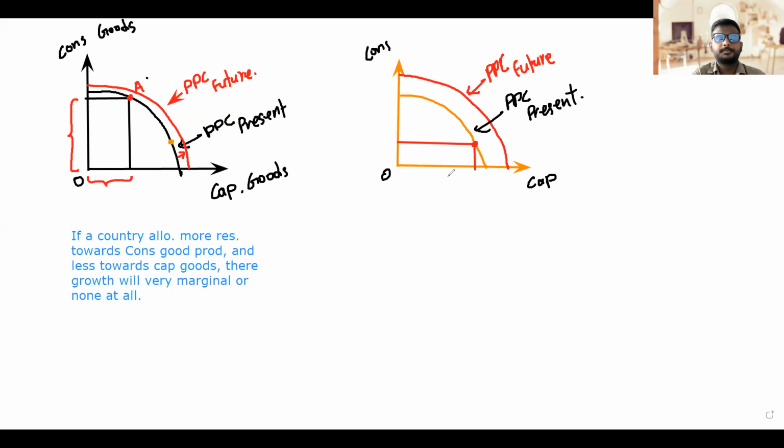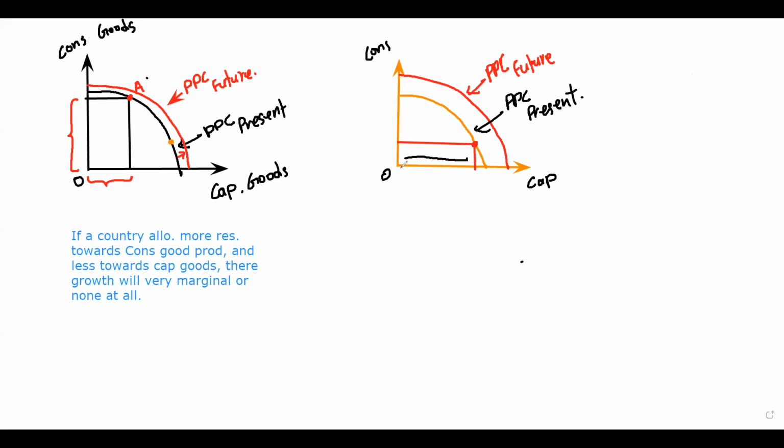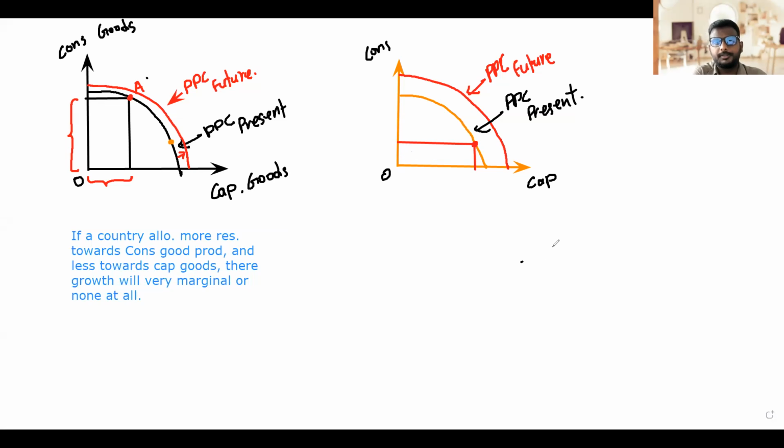Is that cool? Clear? And remember, you have to show, in the first one that you are producing more consumer goods and only a small quantity of capital goods. In the second graph, as you can see, I have shown we are producing a larger quantity of capital goods, and only a very small quantity of consumer goods. That you should show in your graph.